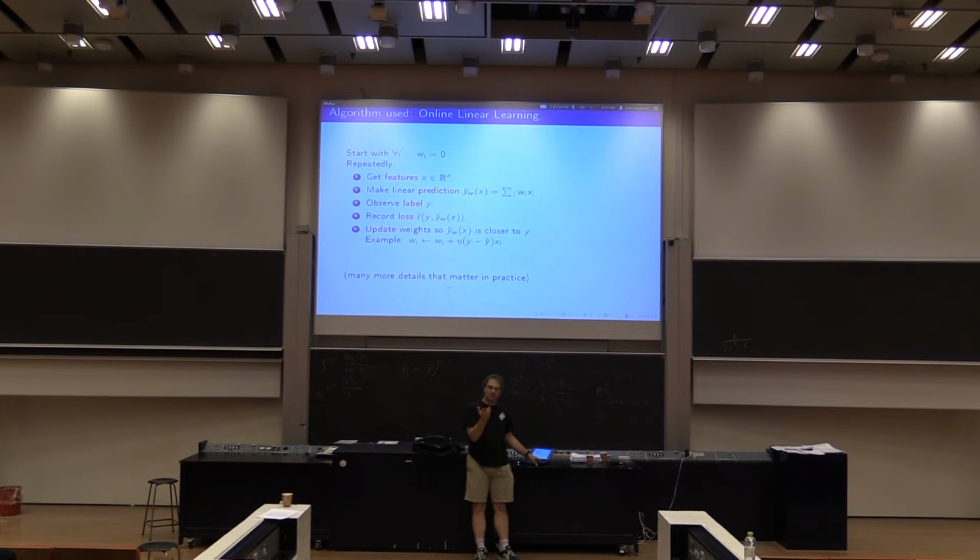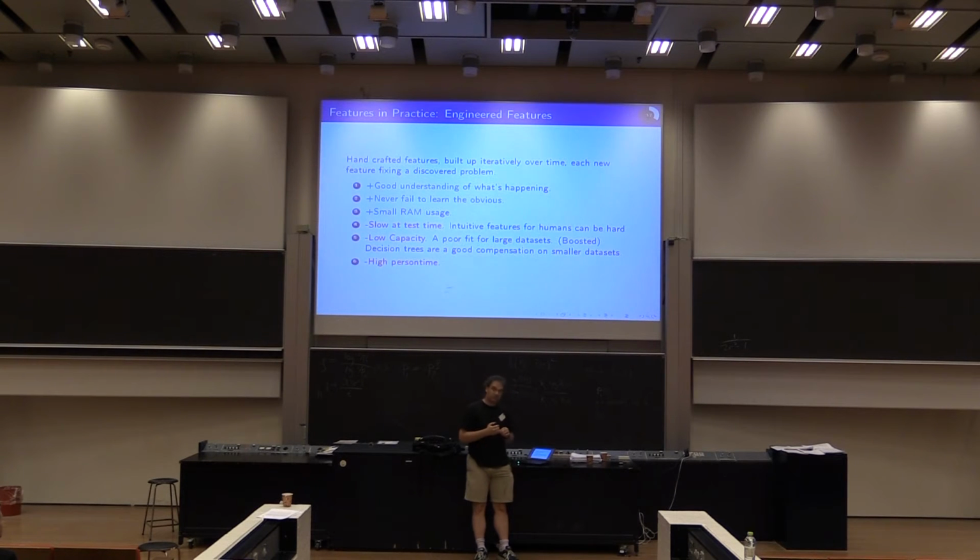Something which comes up in machine learning is, where did the features come from? There are many different sources of features people use in practice. One very common source is engineered features. What happens there is you start out with some features, maybe 2, 3 features, whatever. You see how your system works. You see where it fails.